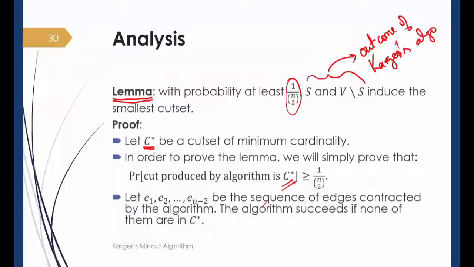What is the probability that the algorithm succeeds? Well, if all of these edges that were picked for contraction missed C star, then what we will be left with at the end is going to be C star. Another way of stating this is, as the algorithm progresses, if we pick an edge and it happens to be an edge in this cut set C star, then the algorithm is going to fail.